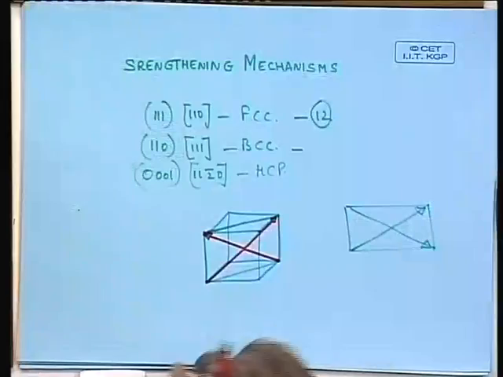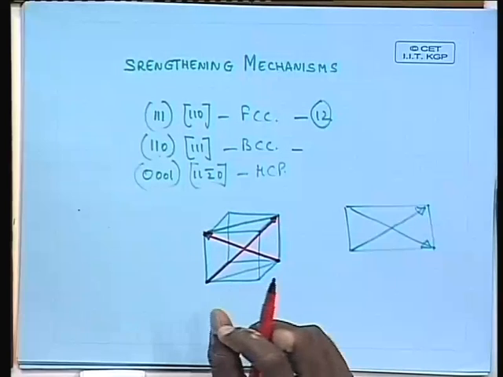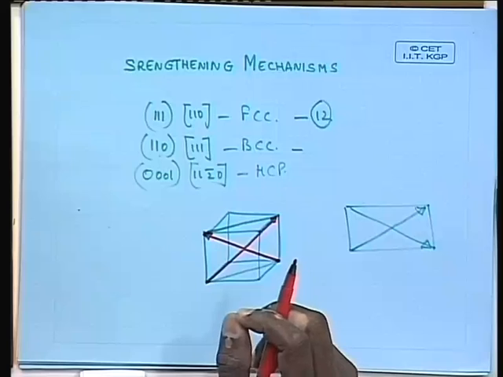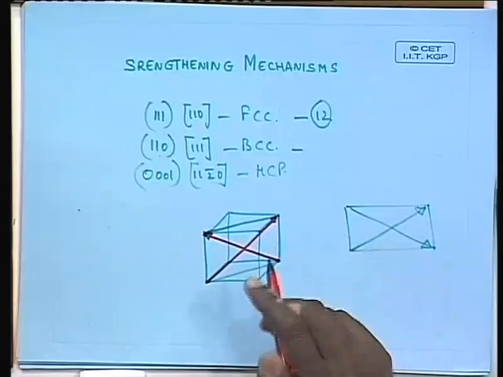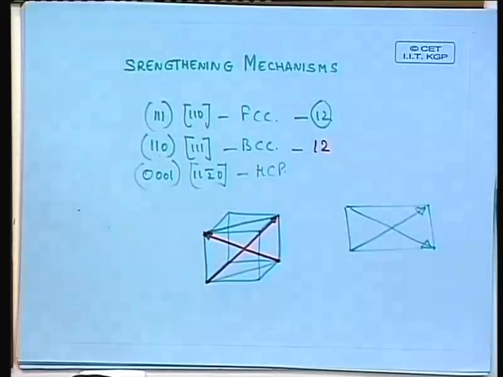So here in this particular plane, these are the 2 directions. If you consider there are 6 parallel 110 type of planes, and each plane containing 2 directions, you end up with 12 slip systems.